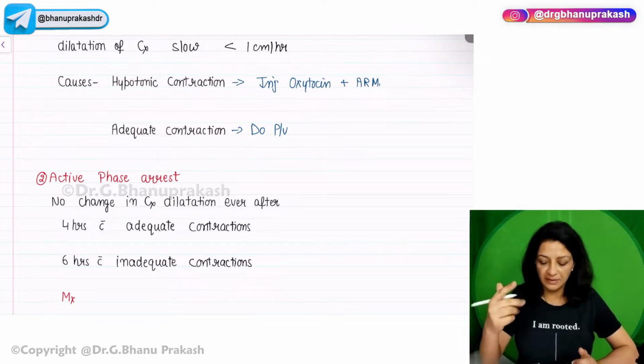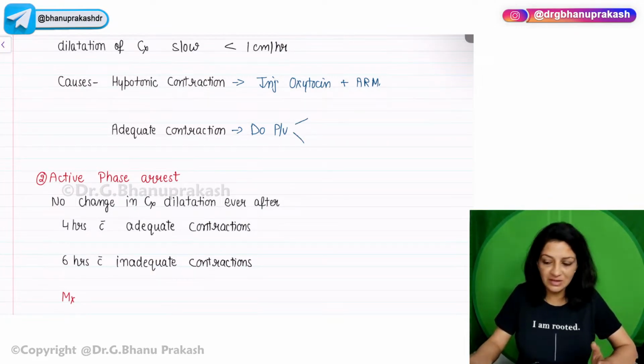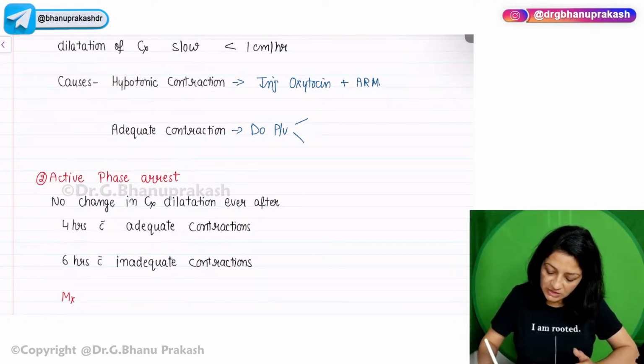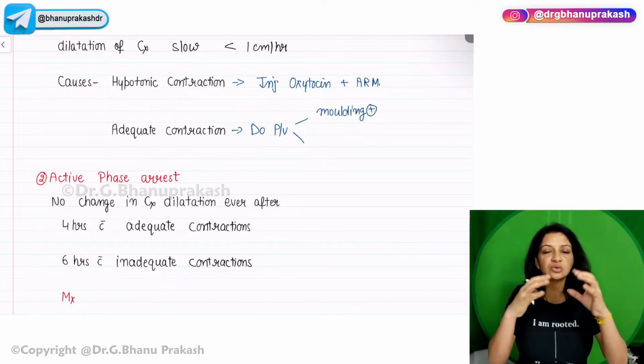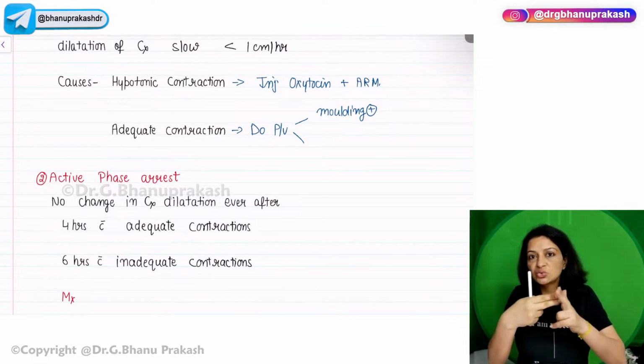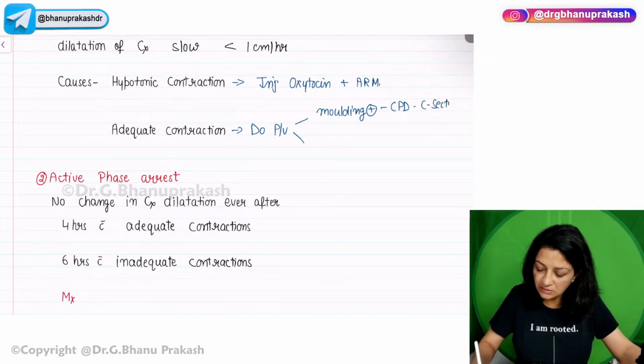Then we will do the PV to check the cause of slow dilatation of the cervix. Then we will do the PV if the molding is present. मोल्डिंग मीन्स जो फीटल हेड है उसमें जो सूचरिंग्स होती है, हम जैसे ही पीवी करेंगे यू कैन टच द सूचर्स ऑफ द फीटल स्कल. अगर तो मोल्डिंग इज प्रेजेंट इट मीन्स यहाँ पे क्या है, सिफेलोपेल्विक डिस्प्रपोर्शन, CPD. देन डू सिजेरियन सेक्शन.